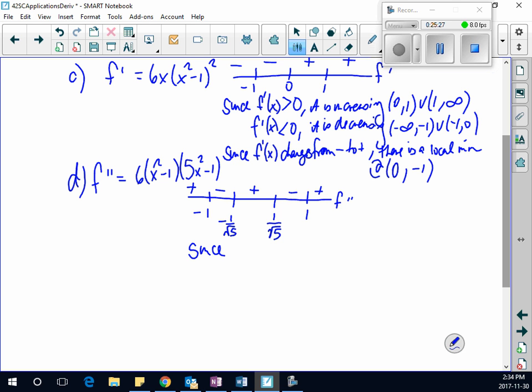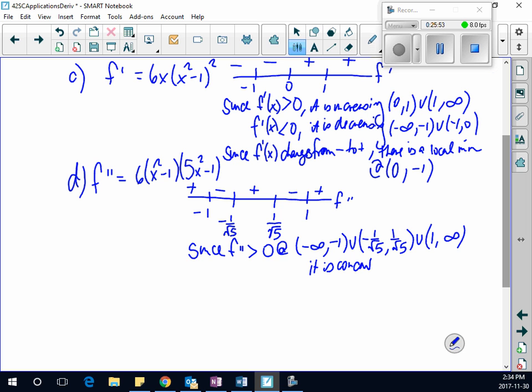Since f double prime is greater than 0 on negative infinity to negative 1, union negative 1 over root 5 to 1 over root 5, union 1 to infinity, it is concave up.